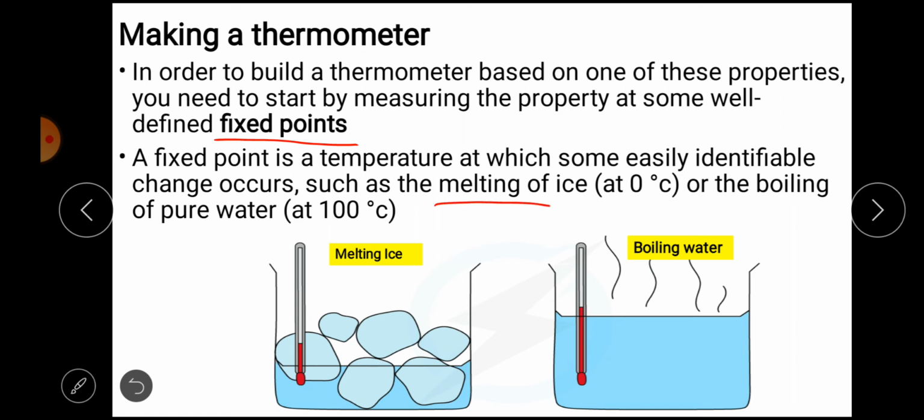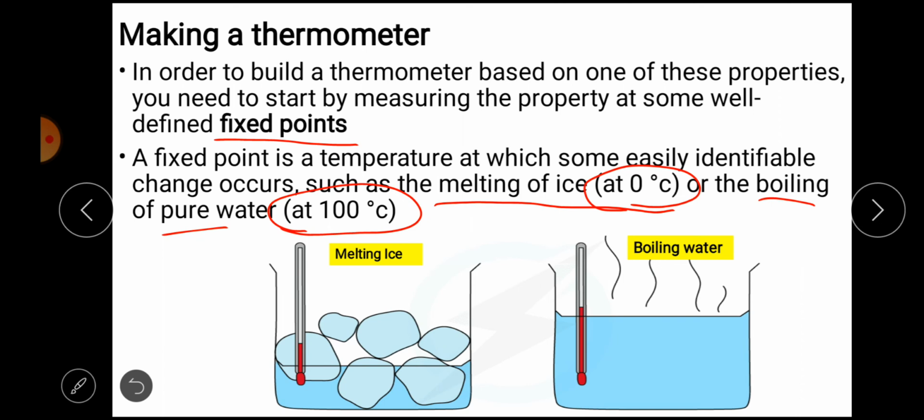Melting of ice, it melts at 0 degrees Celsius. So 0 degrees Celsius is a fixed point, and the boiling of pure water, which boils at 100 degrees Celsius, we can also say this one is the upper fixed point.